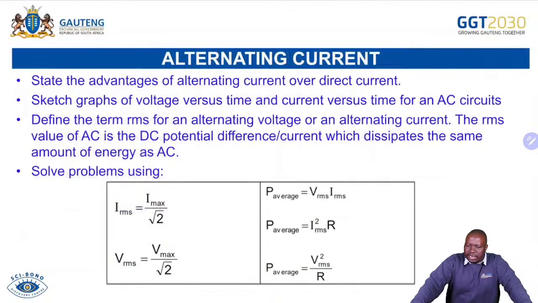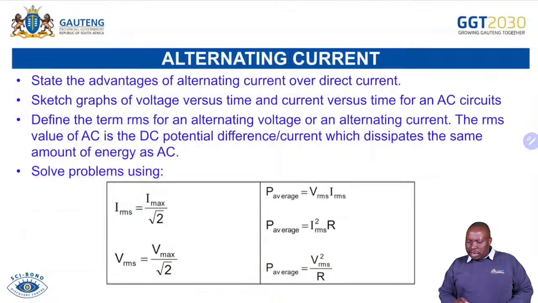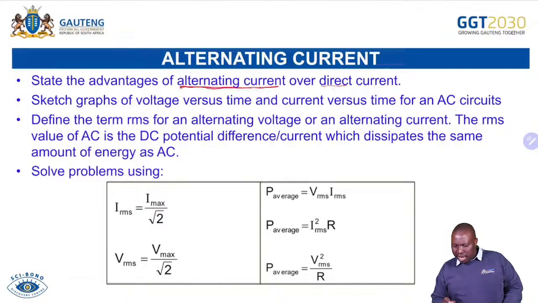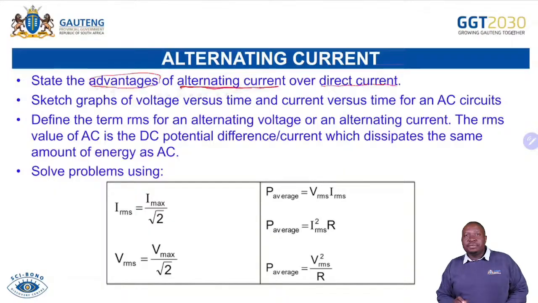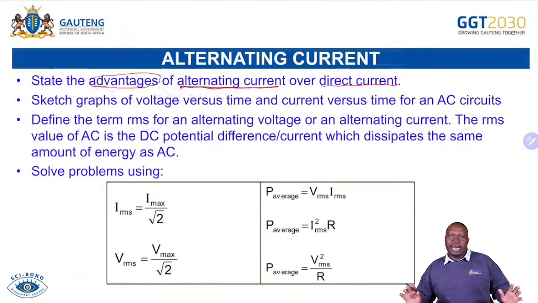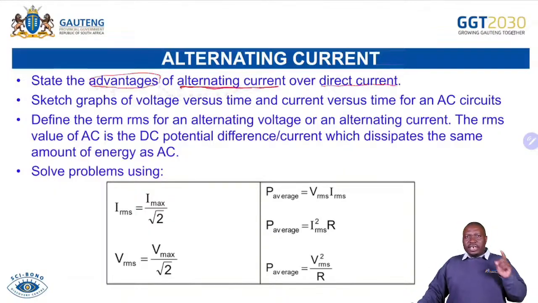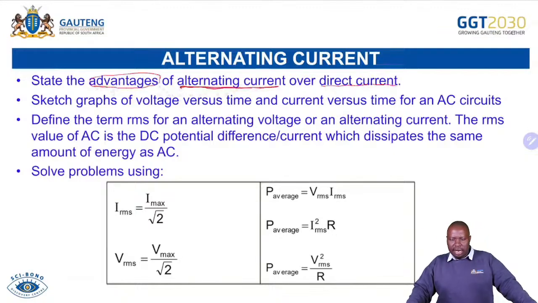But it's not only that. We're going as well to look at the advantages of using alternating current over direct current. There are some advantages of using AC instead of DC current. So we're going to look at what is important here between alternating current and direct current.